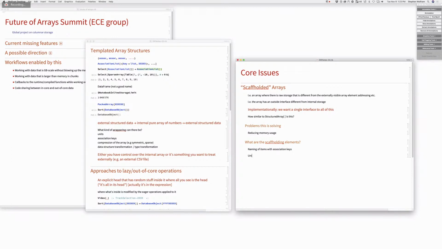Another thing is units, or types in general. Types are not what we would normally be dealing with, but it might be convenient to have uniform types. You would have uniform units surely down a column, wouldn't you? Absolutely, the whole point of this.